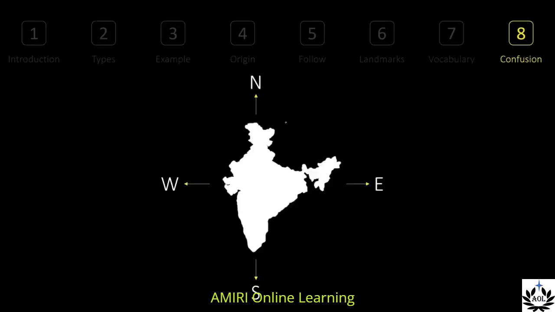For example, look at India itself. We have north here. If north is here, automatically on the right it's east, and on this side is west. So if north is here, definitely east is here, west is here, south is here. You must know your country as well. Keep your country's map in your mind and you will never make a mistake in west or east.